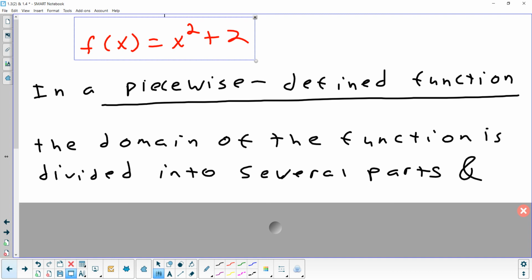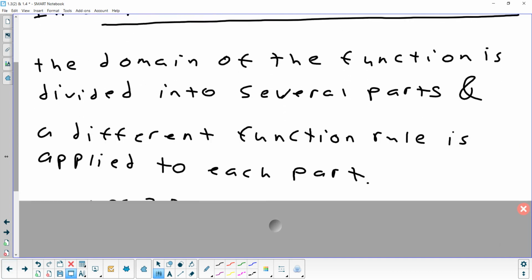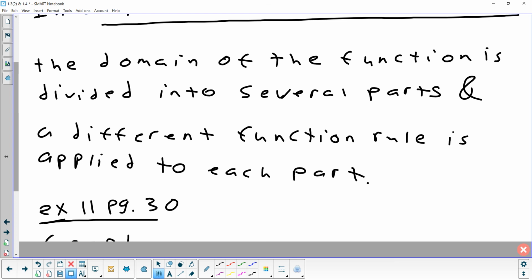Well, in a piecewise function, you don't. Usually you're given two or more formulas, and you're given a condition when to use that formula. So you might have a formula that says use formula 1 if the value you want to plug in is less than 0.